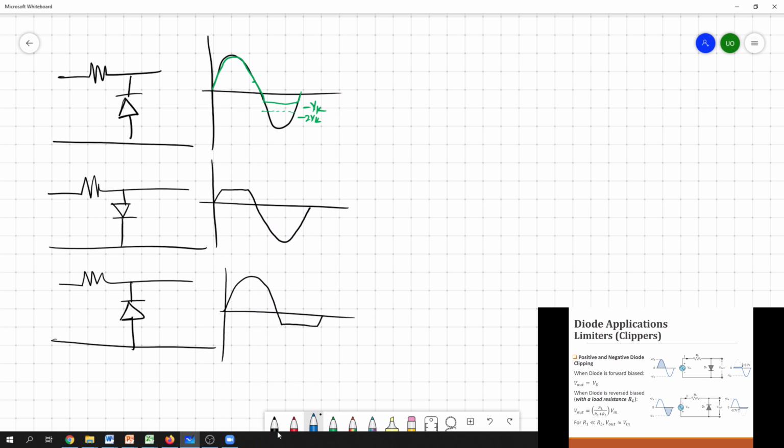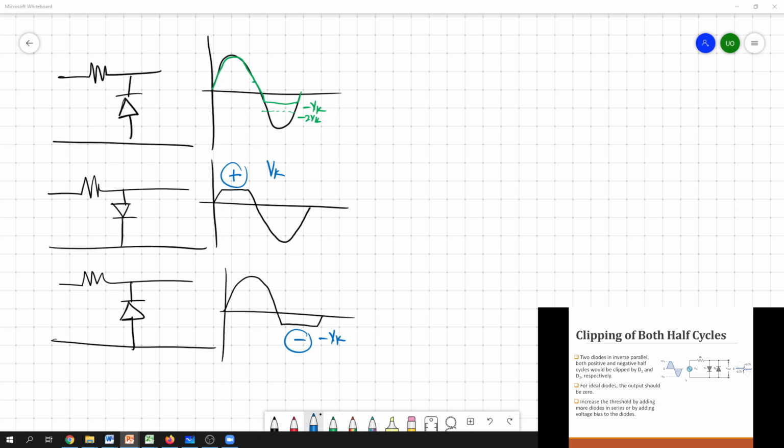So the difference is, in this case your input positive half cycle is simply clipped at Vk. If you change the orientation of the diode, your negative cycle is simply clipped at minus Vk. So this is the difference. So this is the very simple clipping circuit.